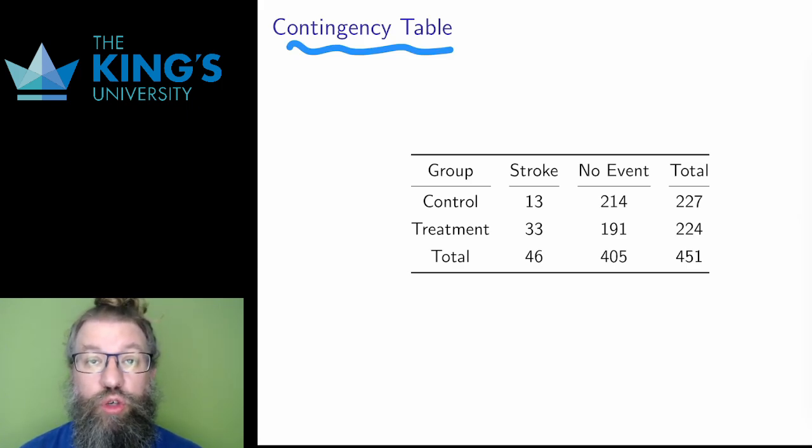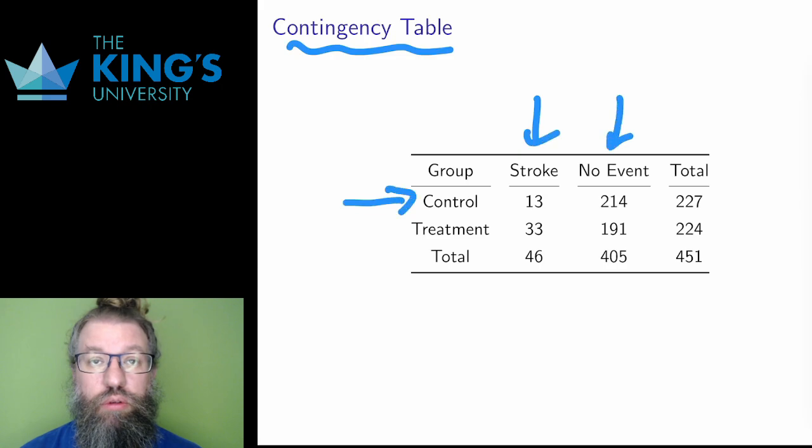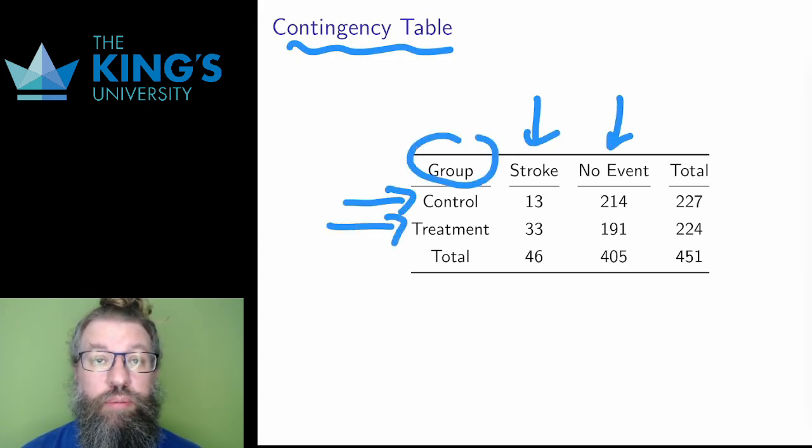A contingency table counts the frequency of each variable when another variable is fixed. Here, the first column is the category of a categorical variable. Control or treatment are the categories in the variable group. Then, for each value of that variable, for control and for treatment, the other variables are counted.